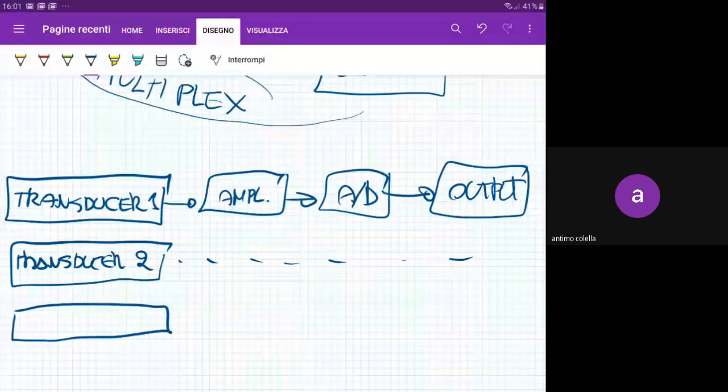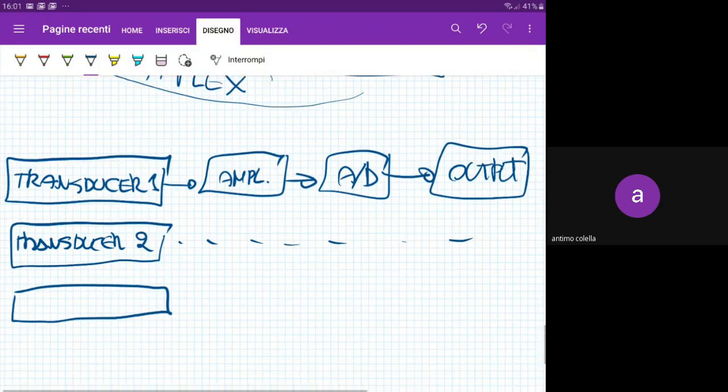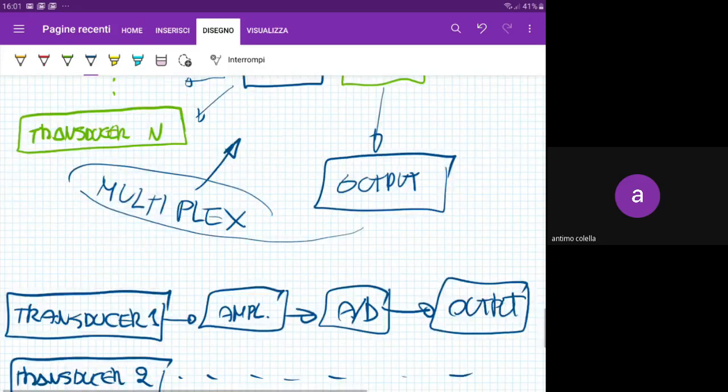And it costs a lot. The cost is practically more than twice that of the other multiplexing system, and that, of course, depends on what the refresh frequency of the scanner is and so on. Okay, that's it.